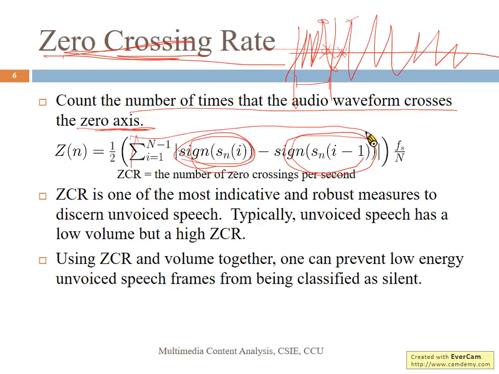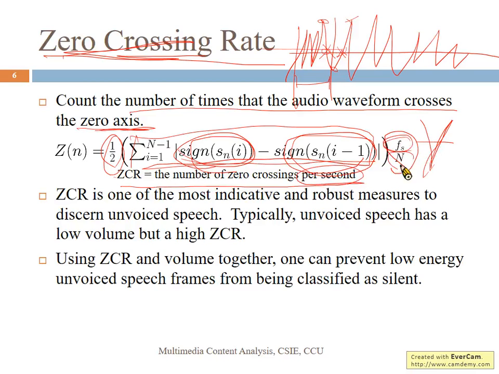We sum all zero crossing cases. And because if there is a positive to negative crossing, there is highly probably a negative to positive crossing, we divide it by 2, but this is not very important. And the term fs divided by n here is to transform this value to a per-second feature. So the ZCR is the number of zero crossings per second, where fs is the sampling rate and n is the number of samples in each audio frame.